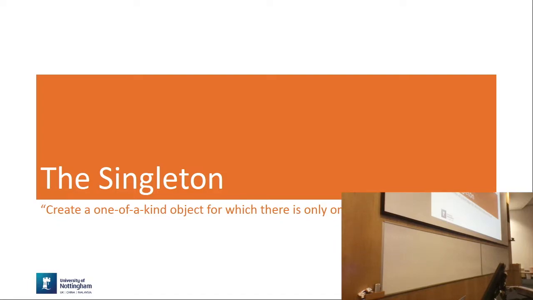Name? Joe. Joe? What do you think, Joe? The state of something, so a game state, or a board, something like that. I think this needs to be only one. That's a good example. Joe said anything that needs to keep track of its states, right? If you have multiple copies of a state, then the states get inconsistent.